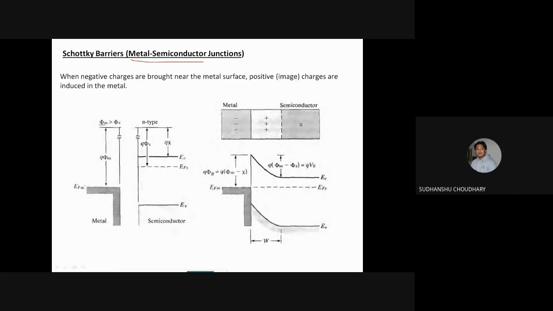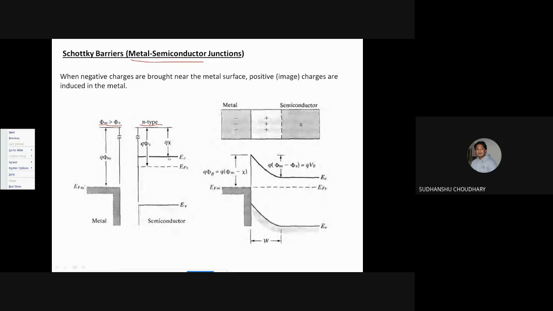Now we had discussed yesterday that for this Schottky barrier or Schottky contact or Schottky diode to result, the work function of the metal should be greater than the work function of the semiconductor if the semiconductor is N type. Then we commented that, while looking at the energy bands, we can see that the average energy of the electron on the semiconductor side is greater than the electron energy on the metal side.